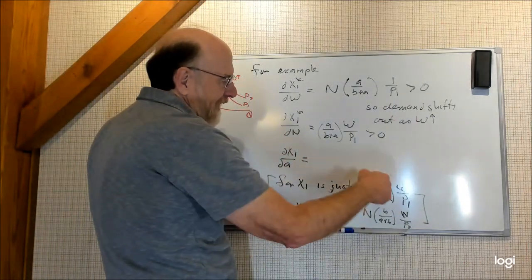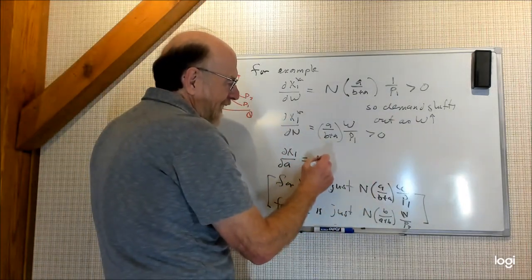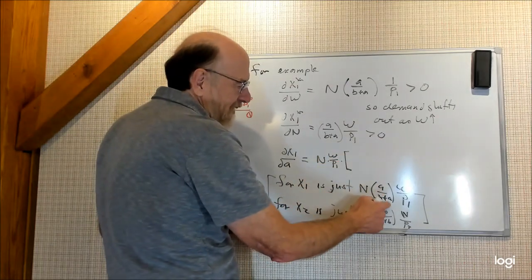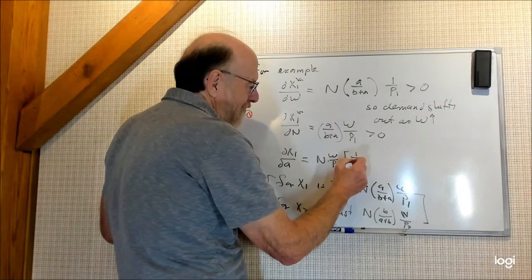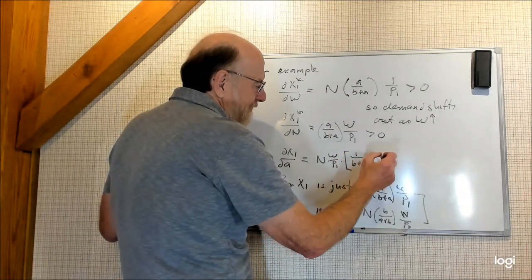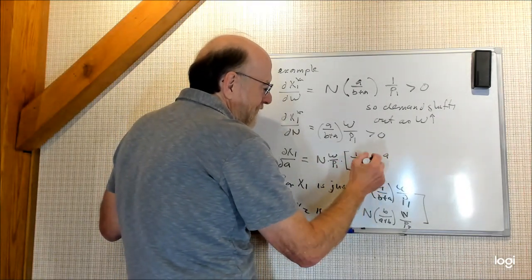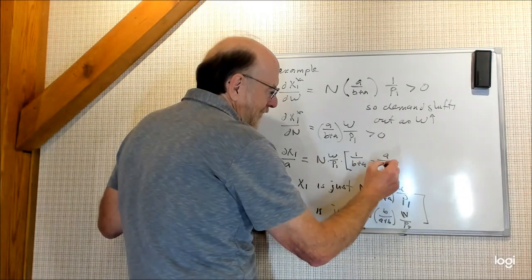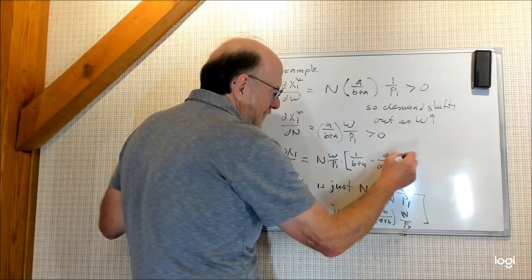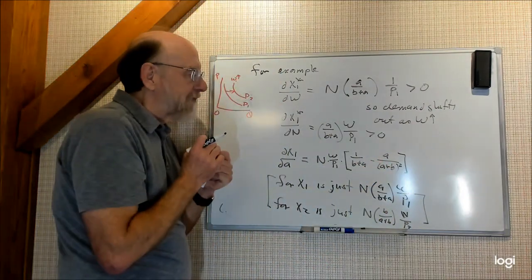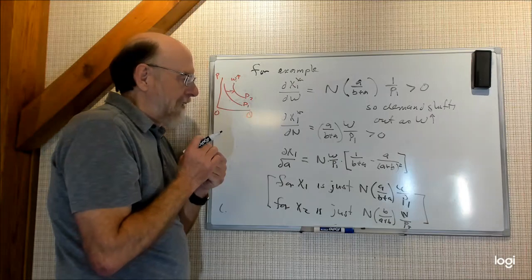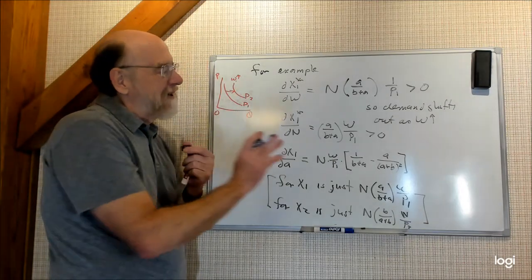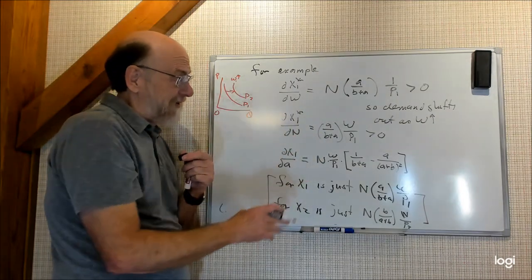As far as that derivative is concerned, it's just n times W over P1 times the derivative of this term, and that would be 1 over B plus A, minus A over (A plus B) squared. When you look at that, it's not quite as obvious whether this is positive or negative.